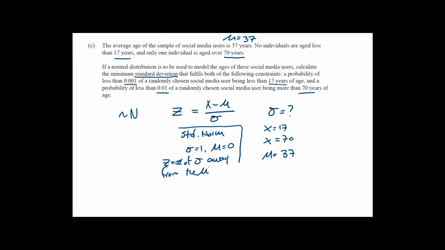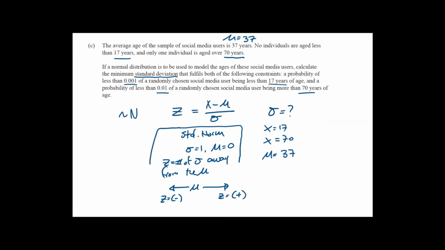If it's to the left of the average, z is going to be a negative number, and if it's to the right, greater than mu, z is going to be a positive number.